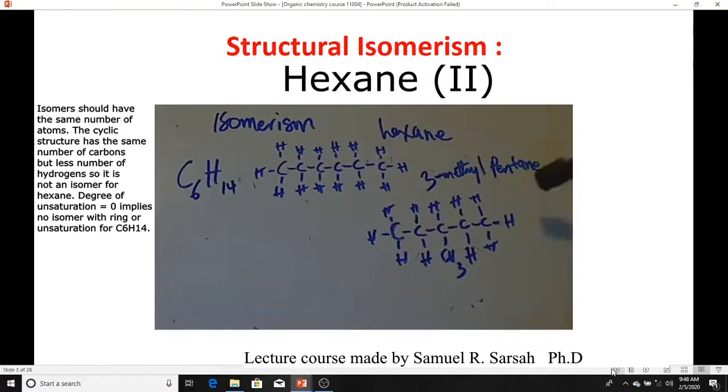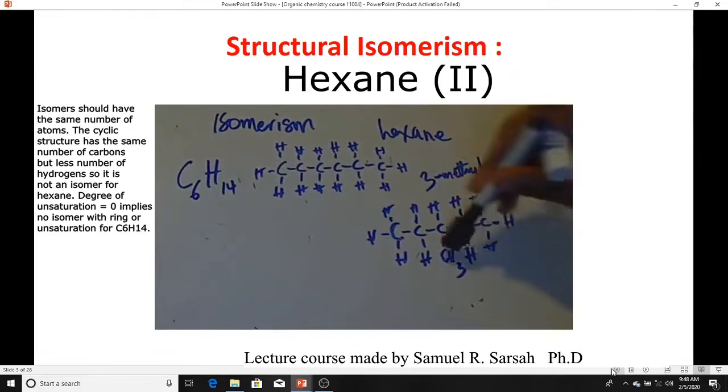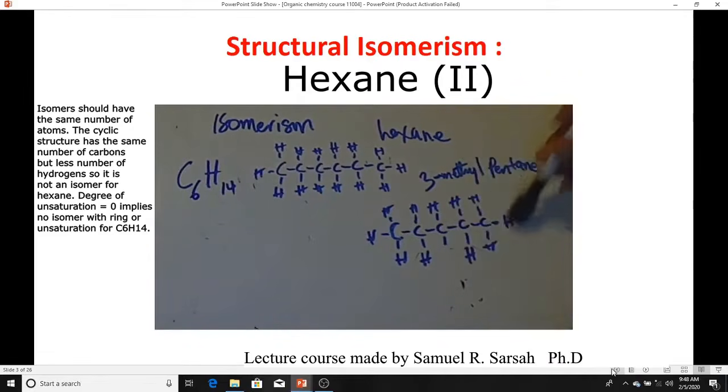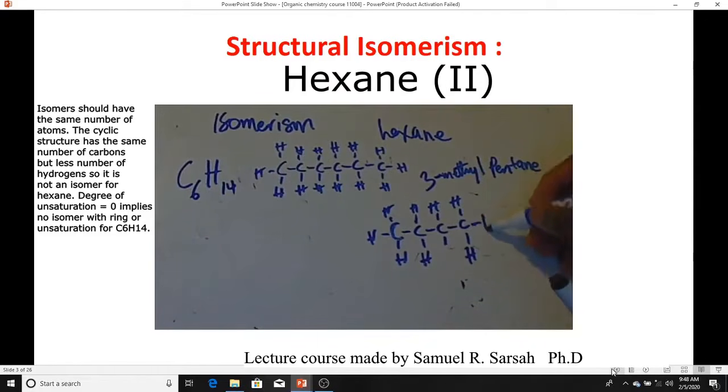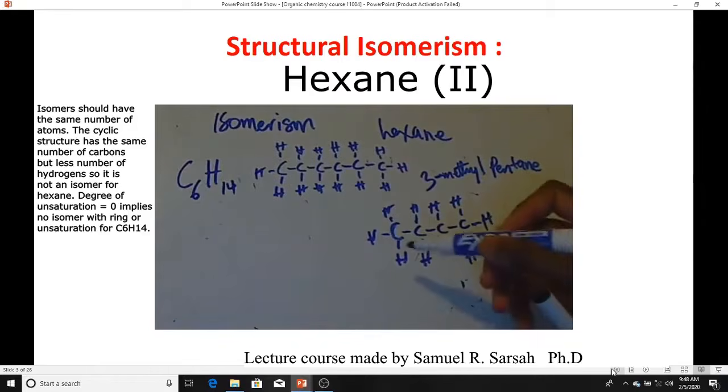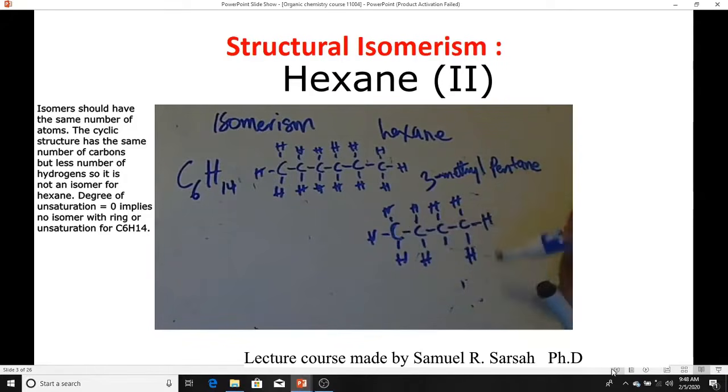Now I can get other structural isomers by further shortening the carbon length. Alright. So I have 1, 2, 3, 4.